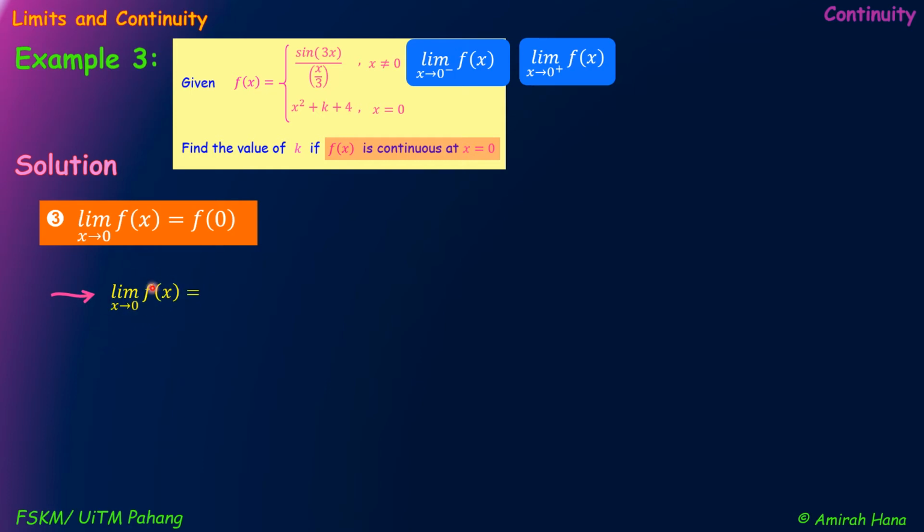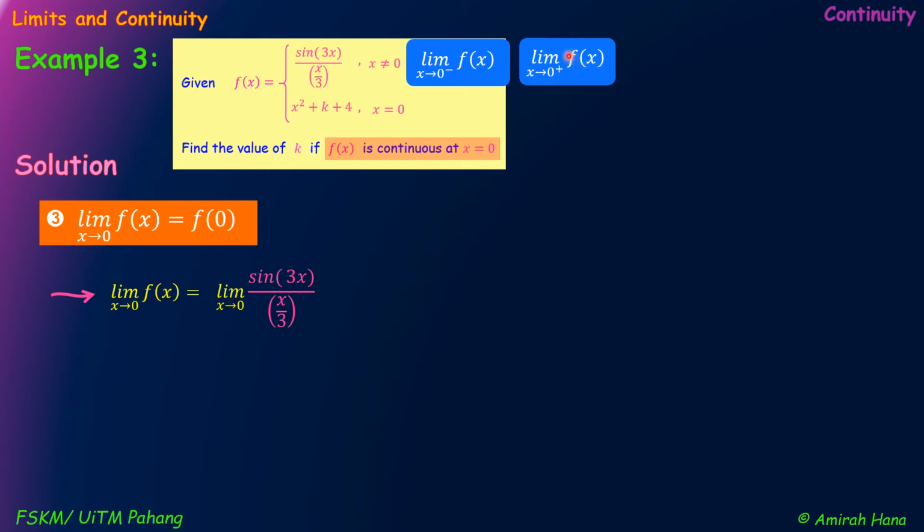Here we can replace f(x) with sin 3x over x over 3. Why can we use the limit as x approaches 0, with no right or left here? Because if we have a not equal sign here, it means we use the same function to find the limit as x approaches 0 from the left and from the right.